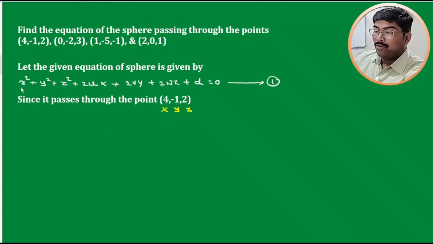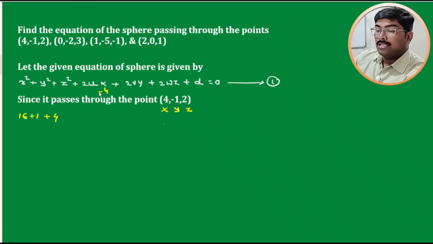If you substitute x is equal to 4, you will get 4 square is 16, plus y is equal to -1, square is plus 1, plus z is equal to 2, square is 4.